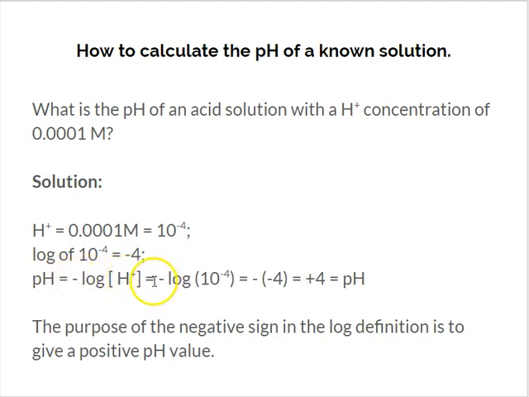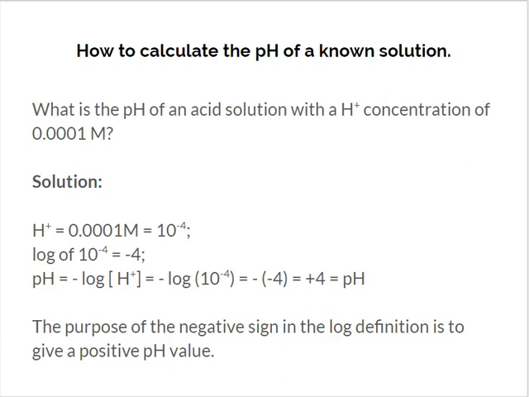So in the calculator now, we do a negative symbol, then your log, and you might have to put this in parentheses depending on your calculator, and you will get a positive 4. So the pH of a solution that has a hydrogen ion concentration of 0.0001 is 4. That's how you do it. That's how simple calculating pH can be.